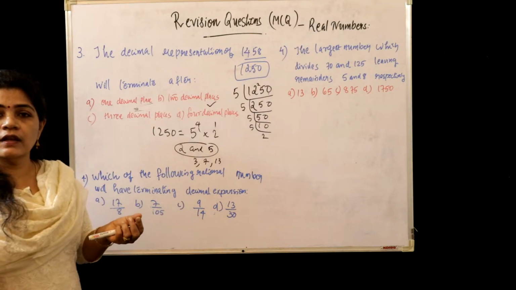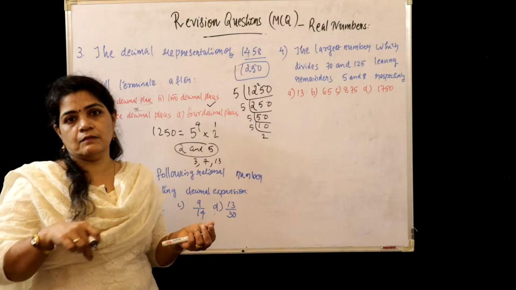All such rational numbers will have non-terminating repeating decimal expansion.